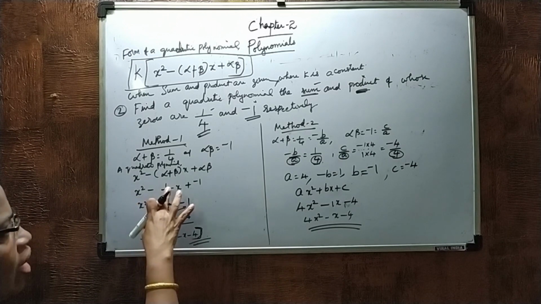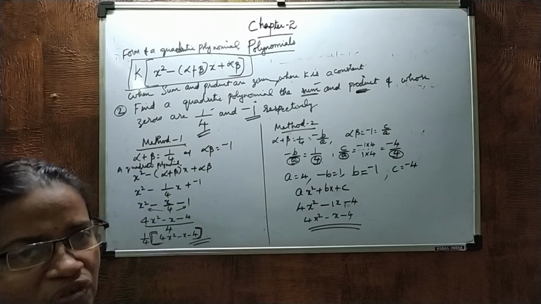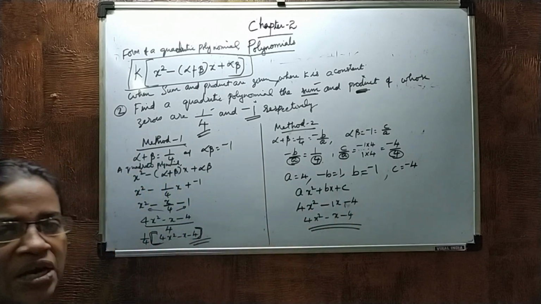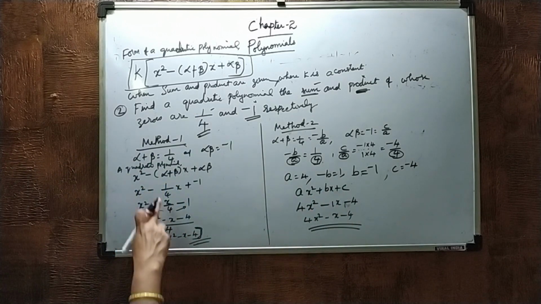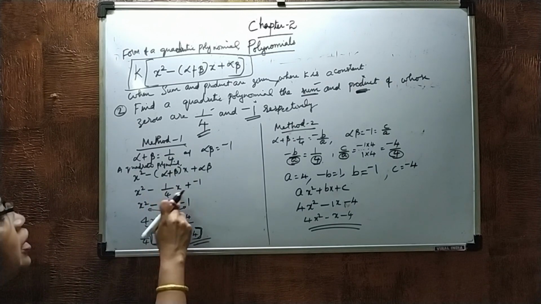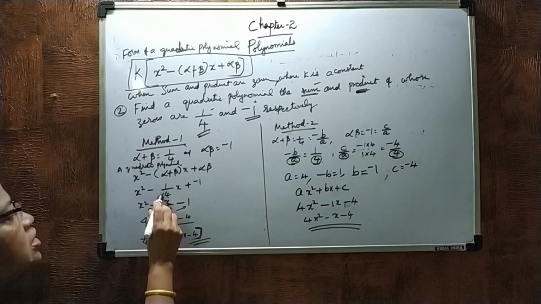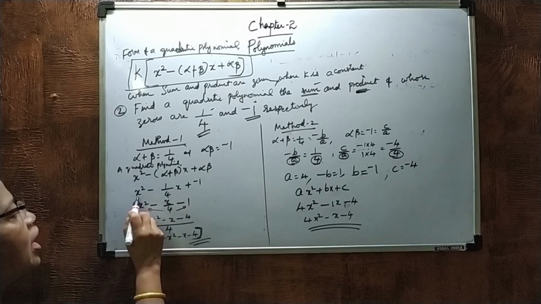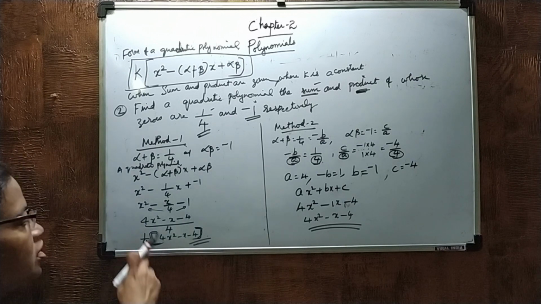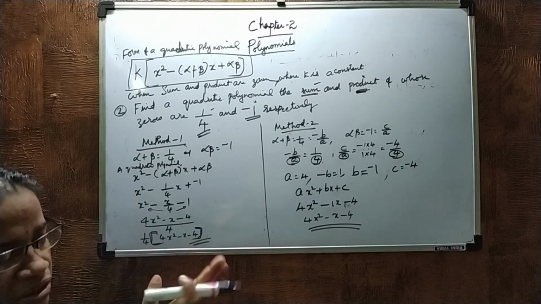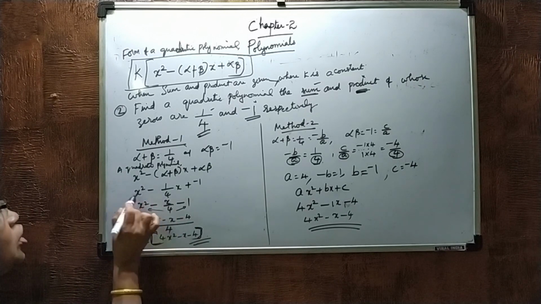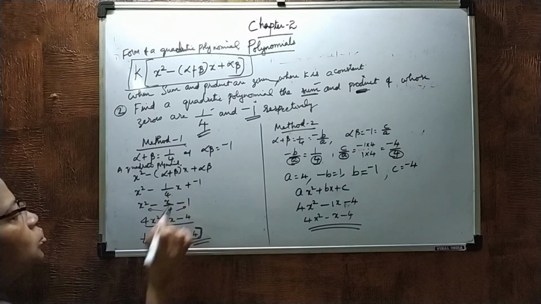The general form of the quadratic polynomial is ax square plus bx plus c, so here we use x square minus (alpha plus beta) x plus alpha beta. Apply it here; there is a denominator, so take the LCM and multiply this denominator through here and also here.